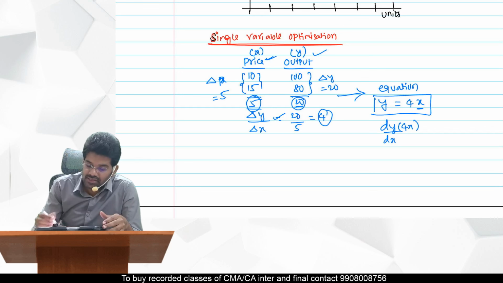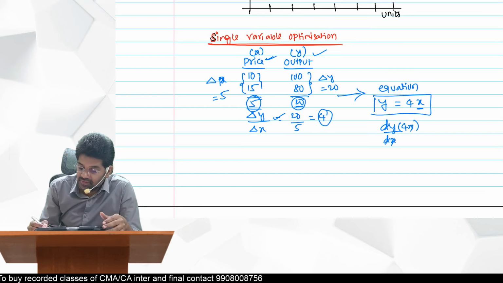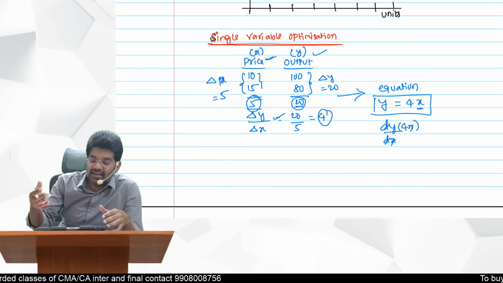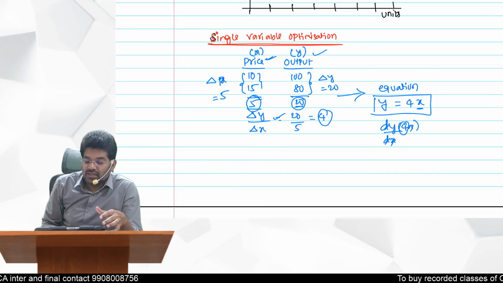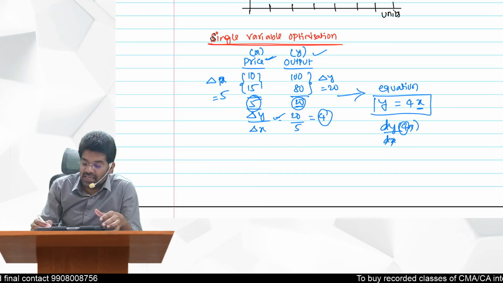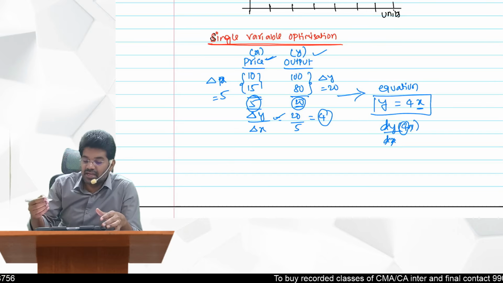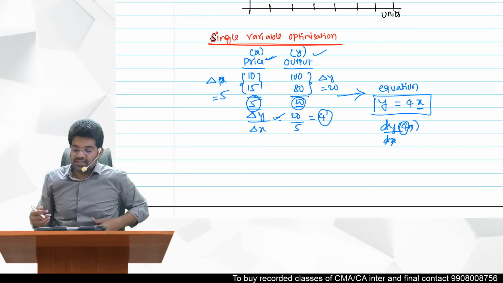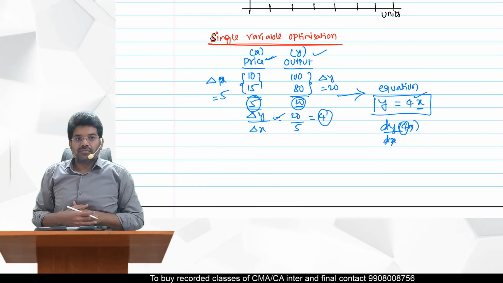Something like this. The d's get cancelled here. Now what exactly are we left with? 4. So dy by dx here is nothing but your derivative. The derivative of this is exactly 4.